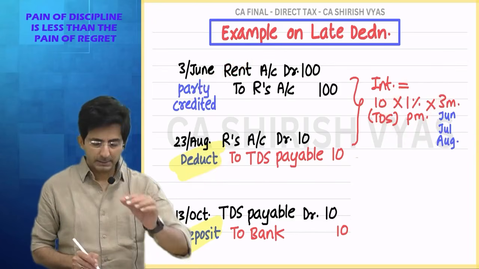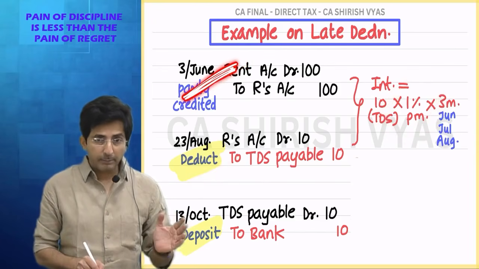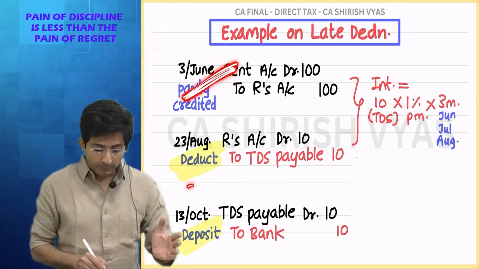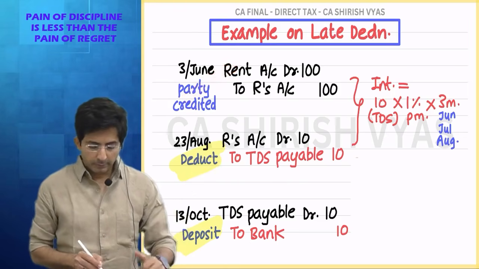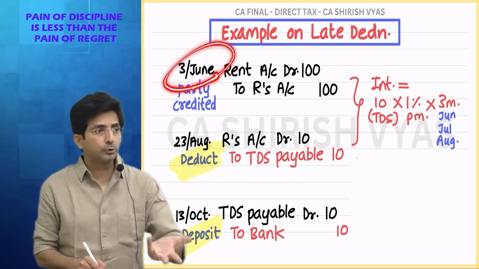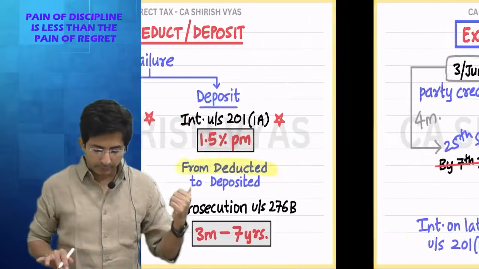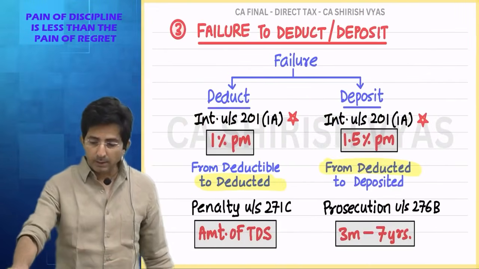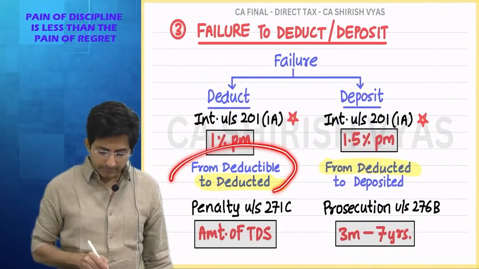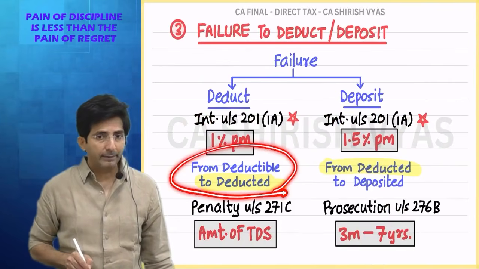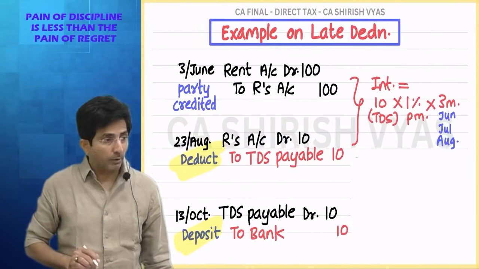You understand this English? Date when it was deductible up to the date when deducted. So tell me when it was deductible? 3rd June. When was it deducted? 23rd August. See, I have written also. Look here. The date when it was deductible up to the date when deducted. That is 3rd June to 23rd August.